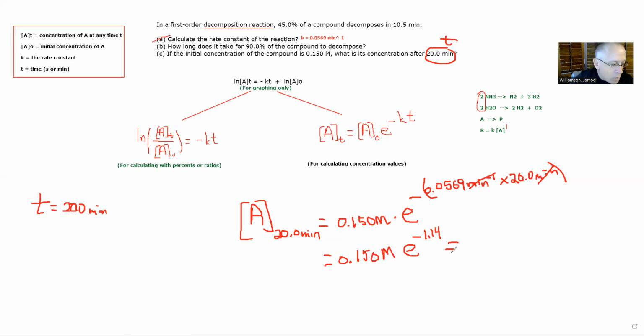And then when I do all of that, assuming I didn't mess up on my calculations, which since I'm recording it and putting it on the internet almost guarantees I messed up, I got 0.0481 molarity.